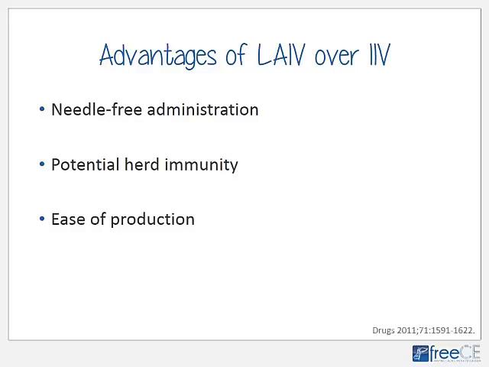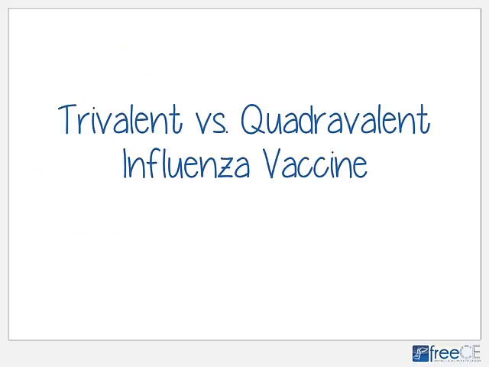Our inactivated influenza vaccine product, certainly we do have the intradermal product available, but really not a lot of differences in terms of advantages. Those are still really the advantages of the live attenuated vaccine product over our inactivated vaccine product. So we have two more items relative to vaccine products that we need to talk about.